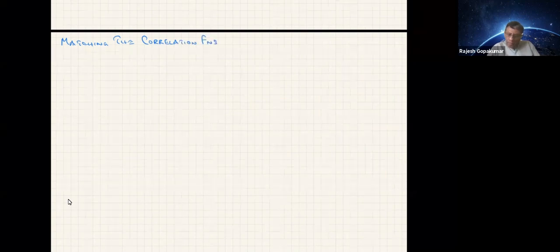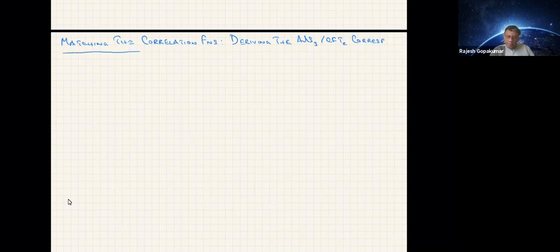This is in some ways really the part which is about deriving the correspondence, because so far I've showed you how things agree with the spectrum, but in some sense the non-trivial part of the AdS/CFT correspondence is in the matching. So I want to just say a few words.